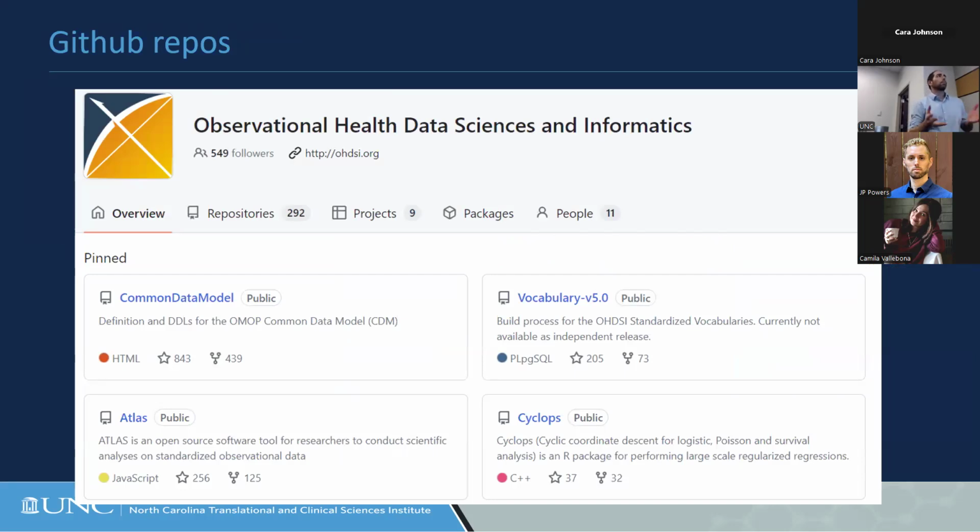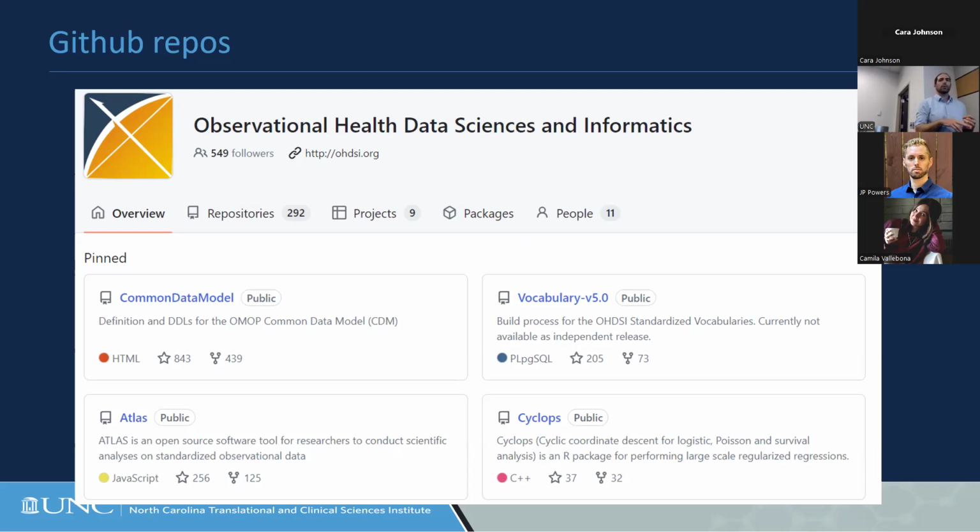Another piece, Odyssey is somewhat active in publishing and maintaining GitHub repos, both for OMOP as well as for tools. So if you go out to Odyssey, there's a combination of things like vocabulary, data model, ETL tools and things like data schematics, in addition to actual tools.